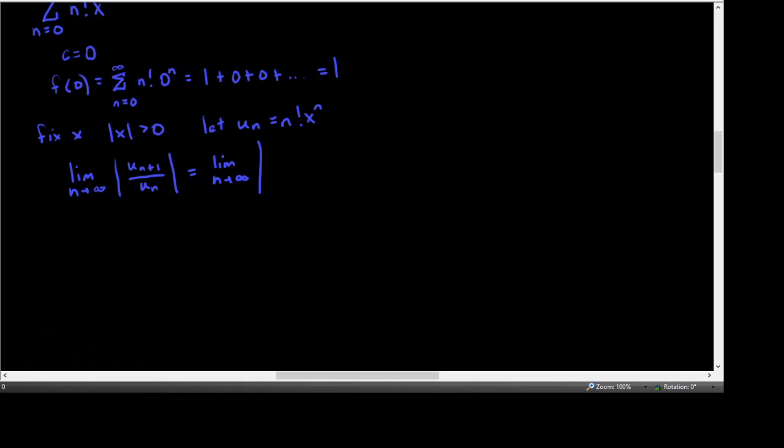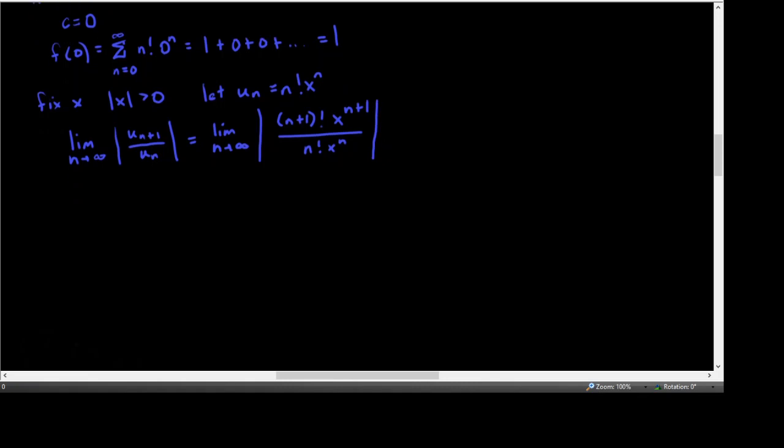Okay, so anyway, u sub n plus 1 will have us substitute in for each n with n plus 1. So that'll be n plus 1 factorial times x to the n plus 1 divided by n factorial times x to the nth. Now, of course, there's no guarantee here that x is positive.